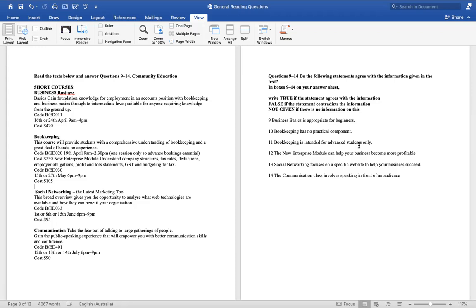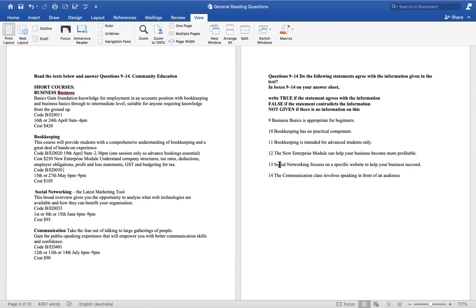So we go look for the new enterprise module. Okay, this is the new enterprise module. Does it help our company become more profitable? There's nothing like that. It is just telling us about understanding all this, but there's no information given about whether it helps in the profit or not. So the answer for question statement 12 is not given.